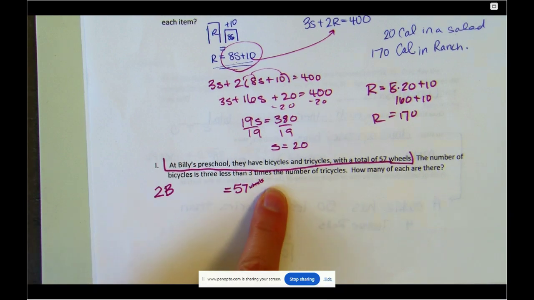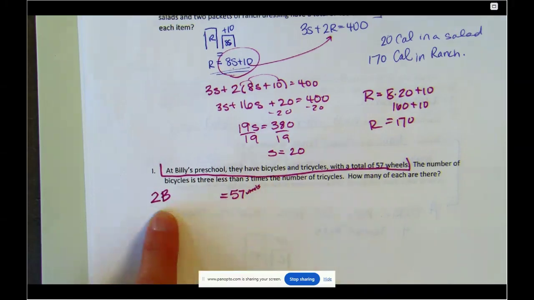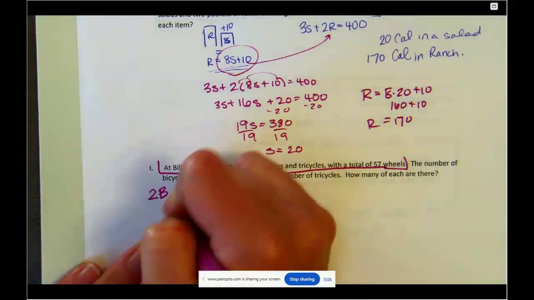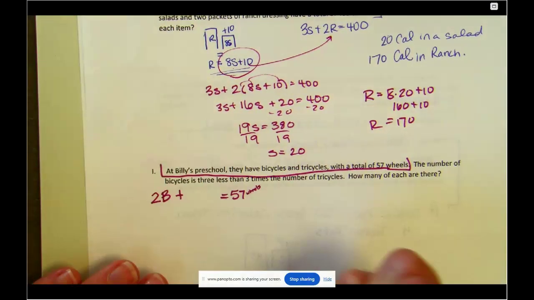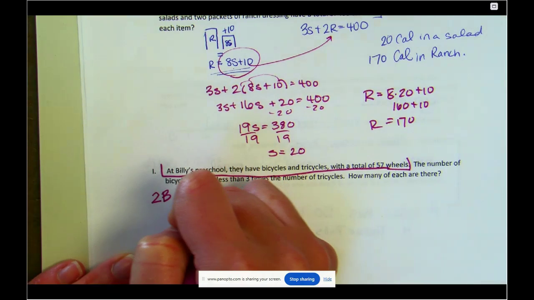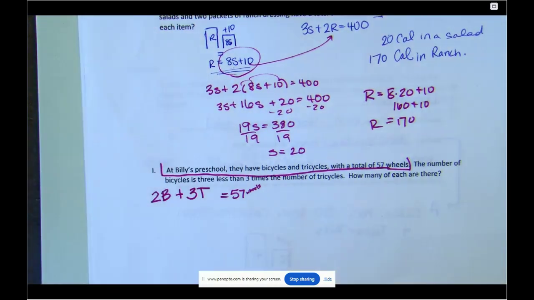If we're talking about wheels here, we darn well better be talking about wheels over here. So then what does the other one have to be? 3, just T, because there's 3. I was thinking of a unicycle. So 3T, because tricycles have 3 wheels. Now, they're not going to tell you that in the equation.